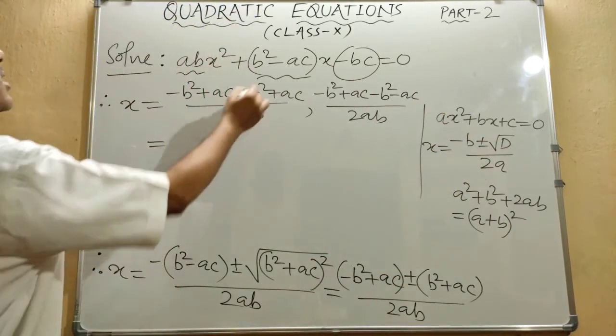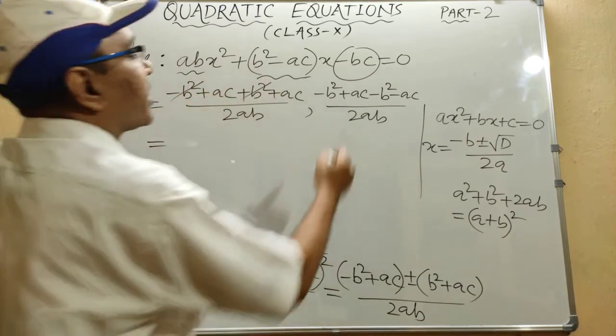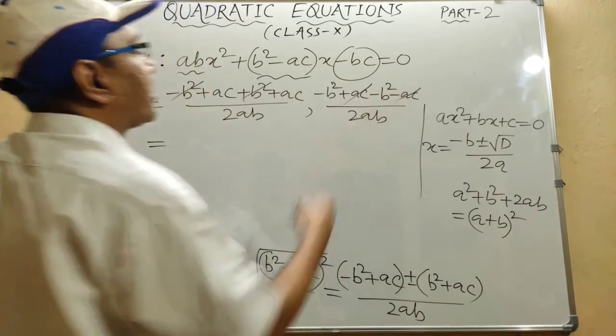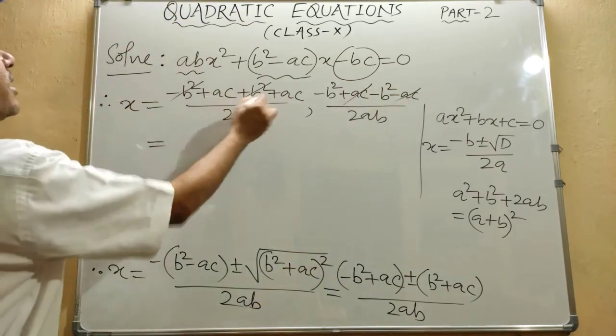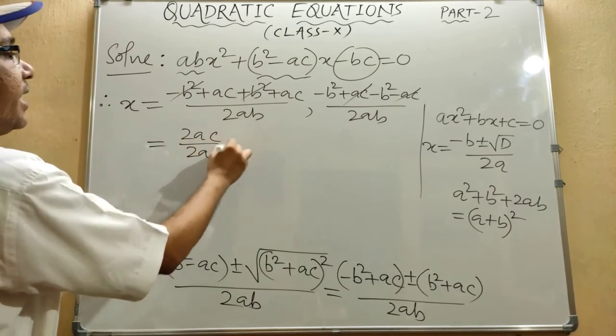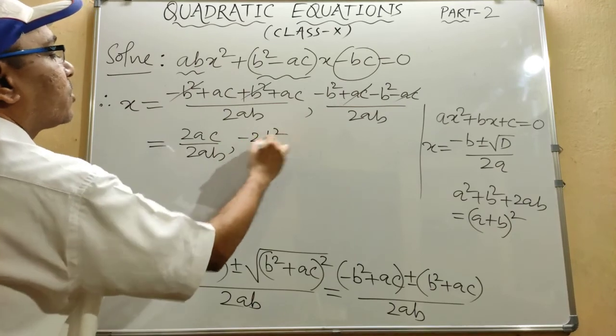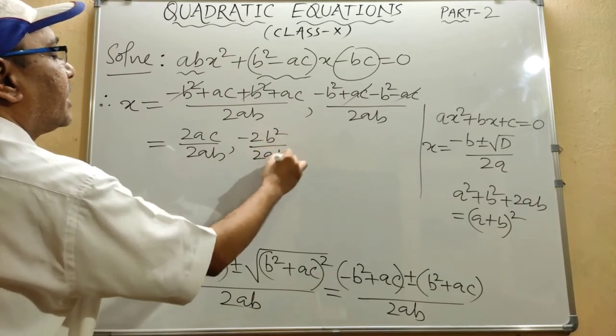So here you see these two will cancel, minus b square plus b square, and here minus ac and plus ac will cancel. So 2ac by 2ab, and second root is minus b square minus b square, minus 2b square by 2ab.